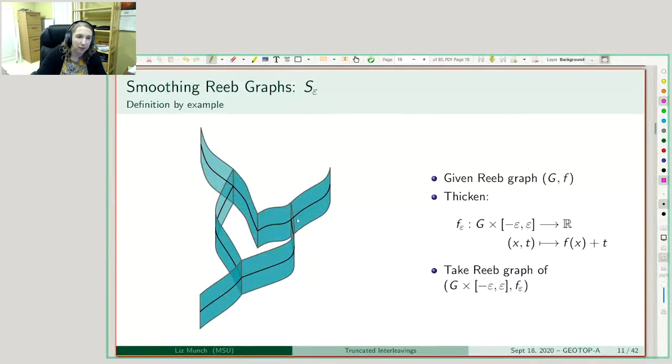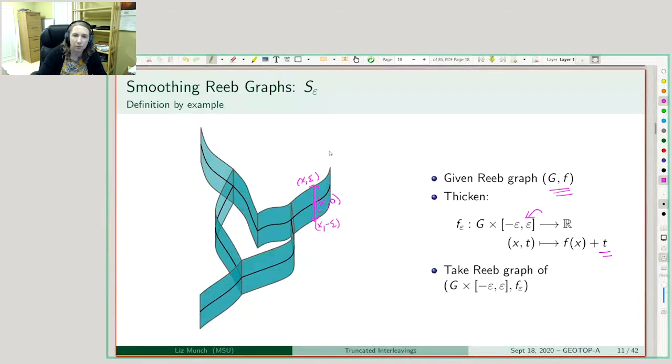If I draw it like this, all right, so let's take a look at what's going on in here. So if this is my point X, the point X cross the interval is drawn vertically for reasons that'll make sense in just a moment. So up here, this is the point X comma epsilon, and down here, this is the point X comma minus epsilon, and this thing is the point X comma 0. So I've got this new topological space, and I can build a function on it by taking my f of x, which was my function from my original graph, plus t, which is the value from this interval.